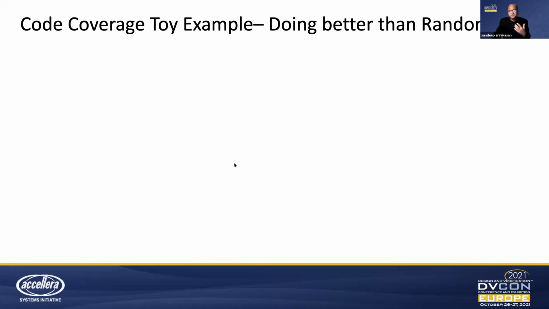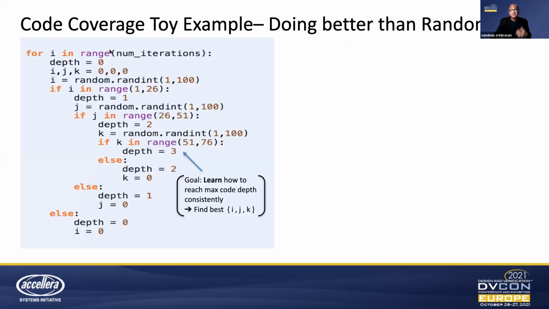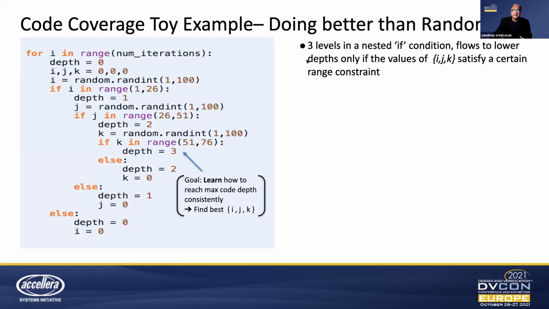So in order to explore this new approach of doing better than random and better than constrained random, we came up with this motivational example. It's a toy example with 3 levels in a nested if condition. And the control flows to a lower level depth only if the values of i, j, k satisfy a particular range constraint.